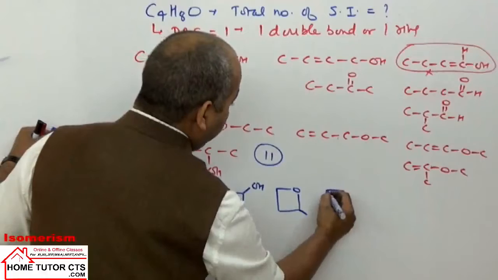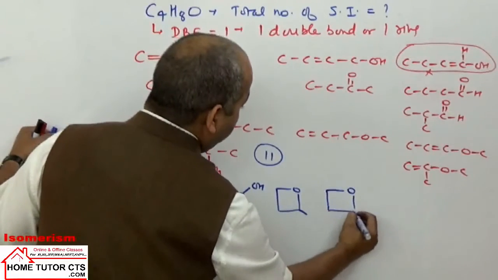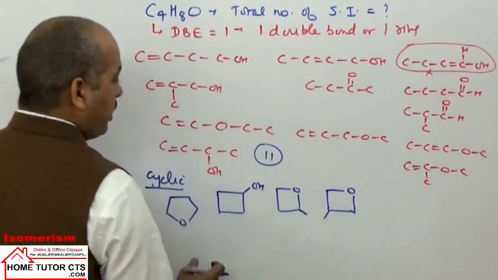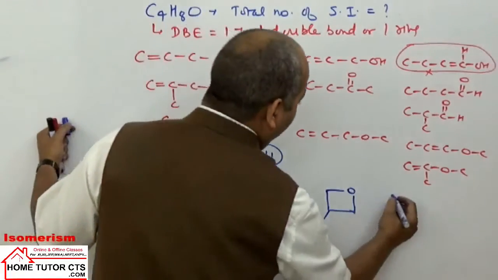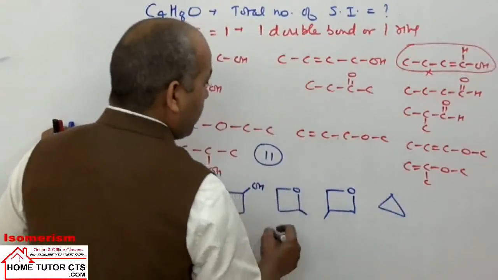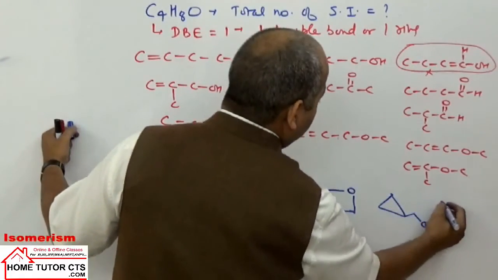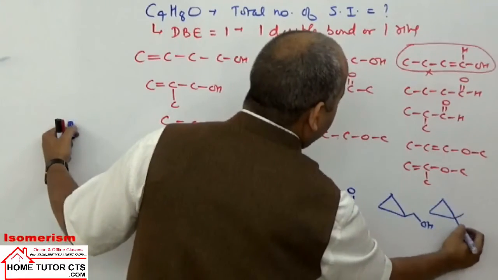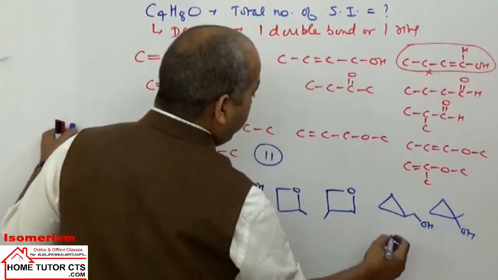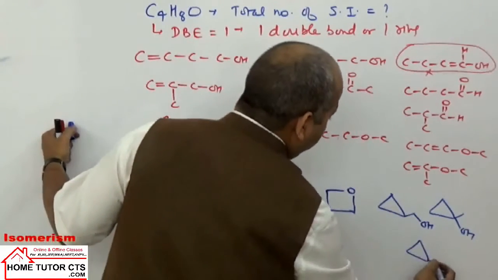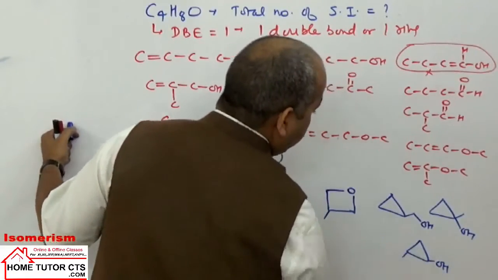In this case you can take different positions of the methyl group. Or you can take a 3-membered ring in which we can have CH2OH, or CH3 and OH in the same position, or CH3 and OH in different positions.